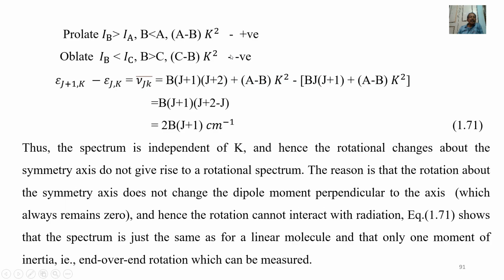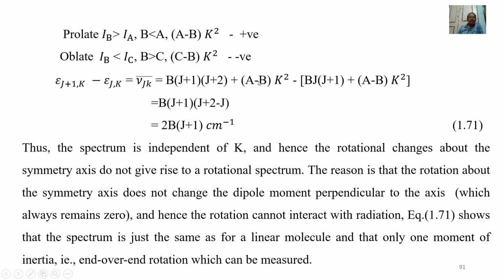Suppose we want to calculate the difference of wave number, then we go from J plus 1 to J plus 2. Then we will have B times J plus 1, J plus 2 plus A minus B K squared, minus B times J plus 1 plus A minus B K squared. Here we have a plus sign, and here you have a minus sign.